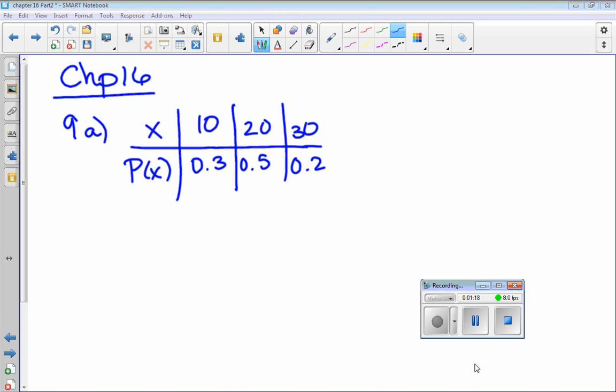Stat calc, 1-var stats. And we have to make sure the frequency is where we put our probabilities, which we did in list 2. Then we'll calculate it. So the mean happened to be 19 here. That also produces the standard deviation, which is 7.